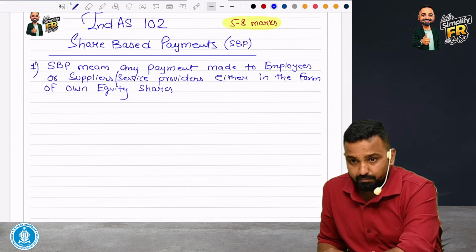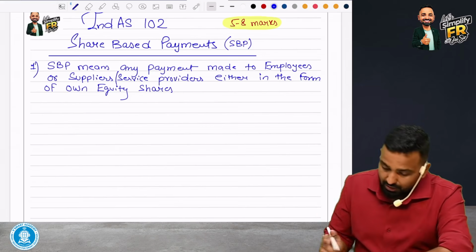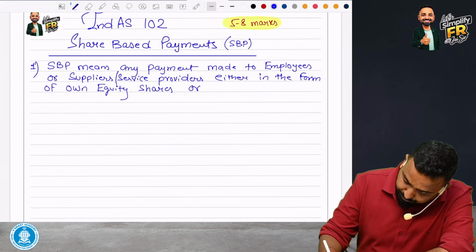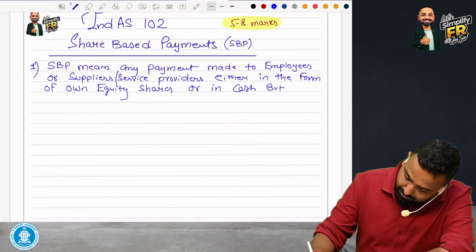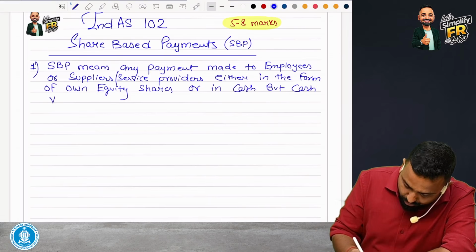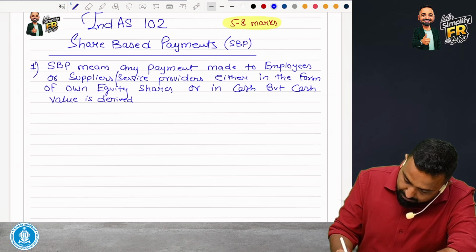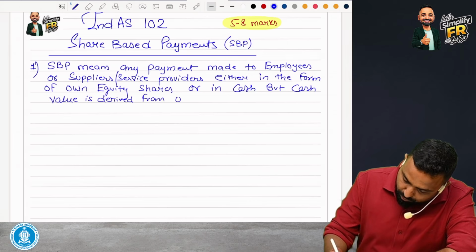Company's own share. Either in the form of own equity shares or in cash, but the cash value is derived from own equity shares.